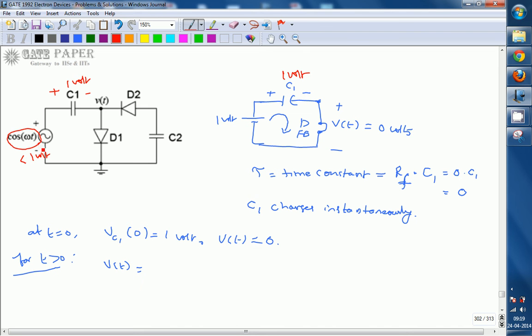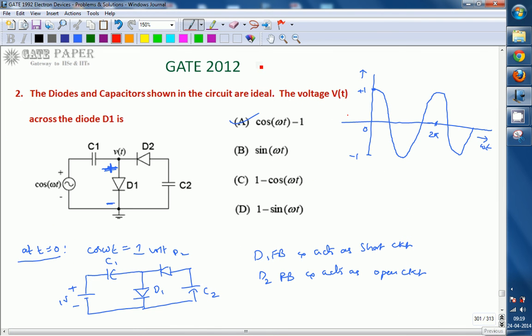You can check this with the help of this. If you see these values for the cos, for all the time greater than 0, for the entire cycle the value may be positive, but less than 1 volt, or it may be negative, and it reaches plus 1 volt again only at omega t equal to 2 pi. It cannot go beyond.